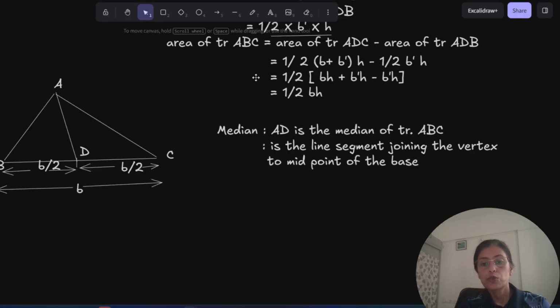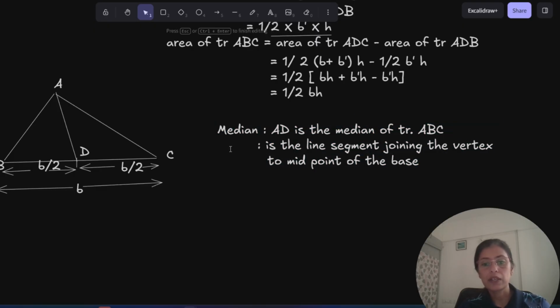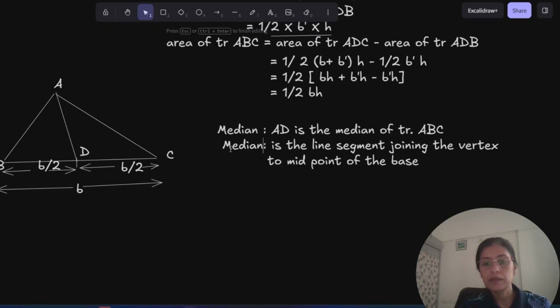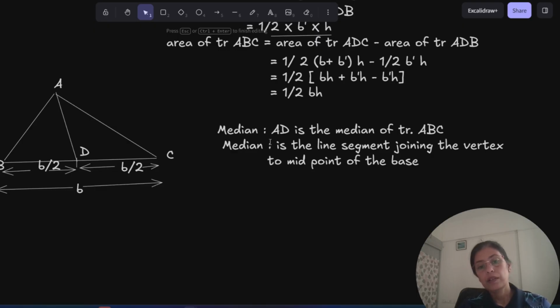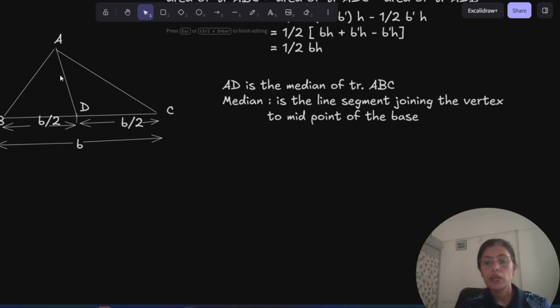Understand, right? Maybe I write here, this is median. So AD is the median of triangle ABC. Median is the line segment joining the vertex of the triangle to the midpoint of the base.